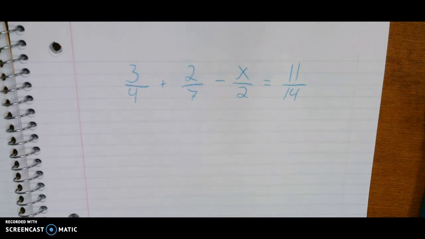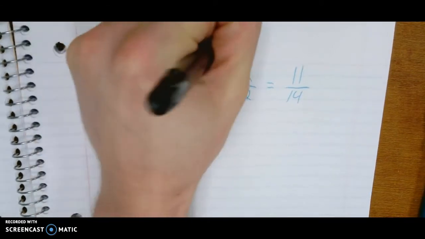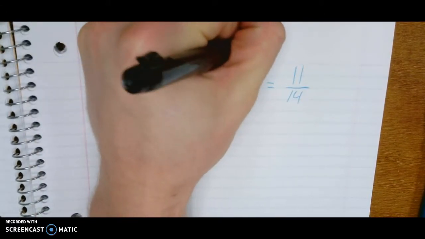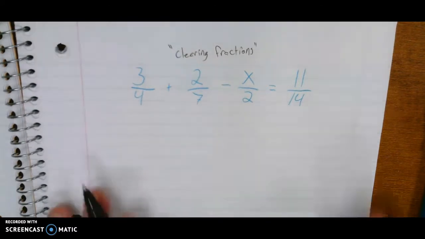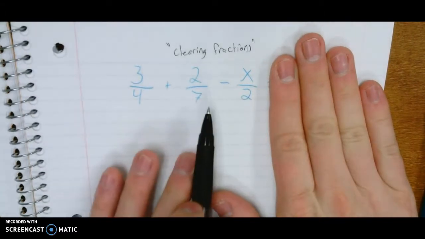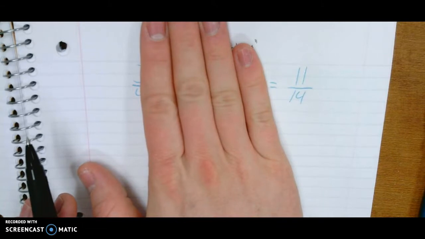So in order to remedy this, what we can do is a process called clearing fractions. And essentially what that means is we're going to find the common denominator, and we're going to multiply every single term by the least common denominator, and things are going to cancel out kind of nicely. Because after all, I can do whatever I want to the left-hand side of this equal sign, as long as I do the exact same thing to the right-hand side.